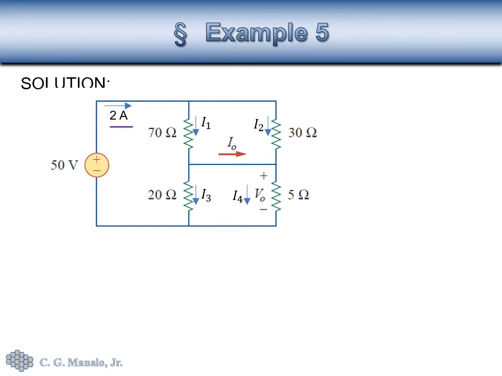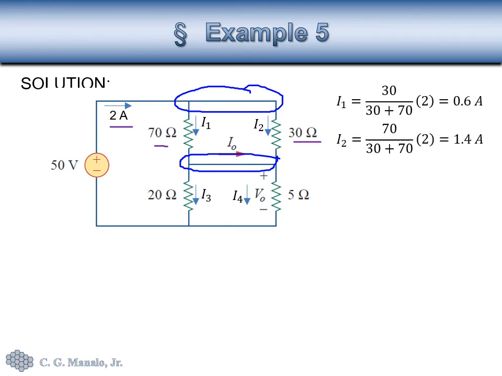So we notice that 70 ohms and 30 ohms are in parallel because they are connected to the same nodes, this node and this node. So therefore, we can apply a current divider to determine their currents, I sub 1 and I sub 2.